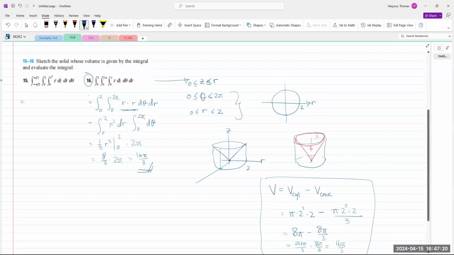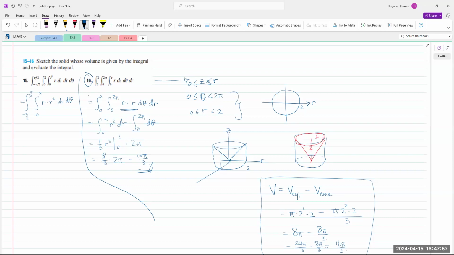let's do the integration first. So this is the integral from negative pi over 2 to pi over 2, integral from 0 to 2, and then r times r squared dr d theta. Notice that the integrand has no z, so the inner integral with respect to z will just be the length of the interval.